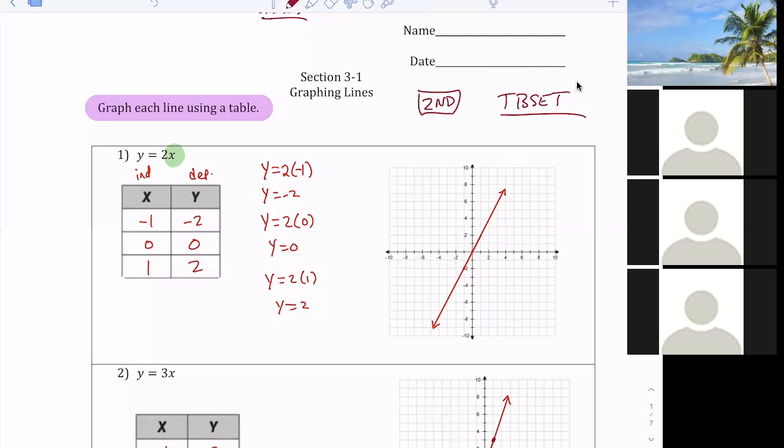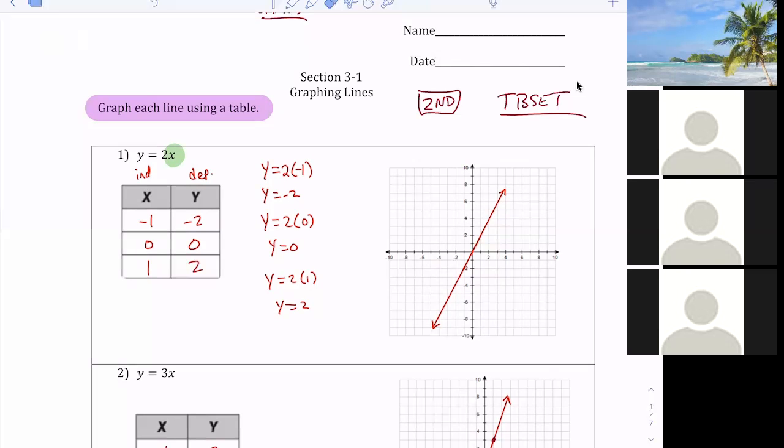And now table set comes up, and then there's a bunch of information. I want to go down to the independent variable. What is the independent variable again? X. Thank you for listening. The independent variable is X. I want you to put it on ask. So go down to independent, kick the arrow over to ask, and then hit enter.